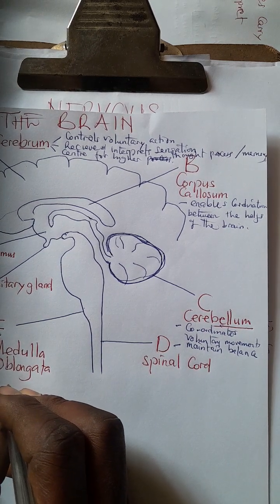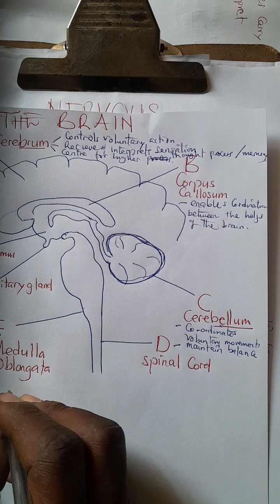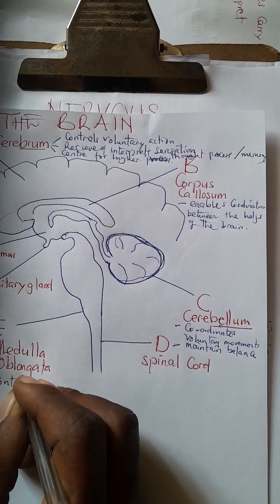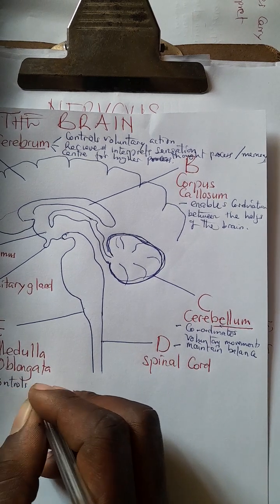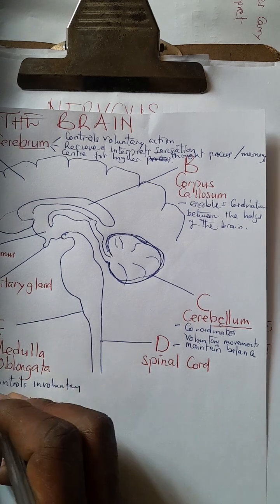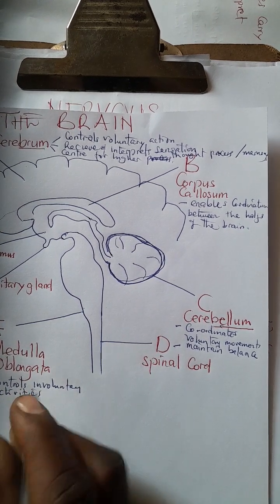The medulla oblongata controls involuntary activities. Look at this, it controls involuntary activities. Like what?